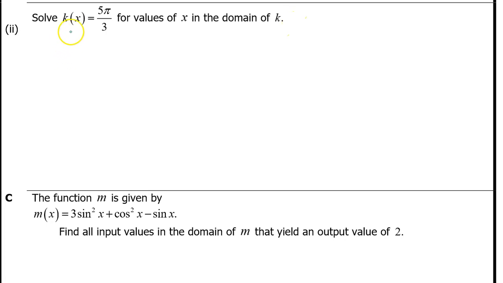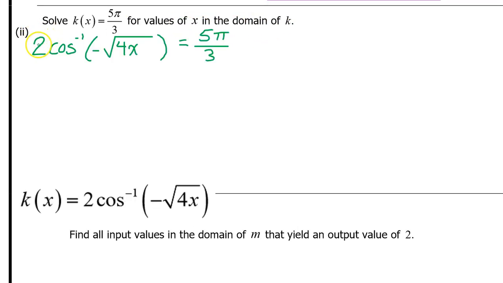B part 2. Solve k of x equals 5 pi over 3 for values of x in the domain of k. We need to set k of x equal to 5 pi over 3 and solve. Quick side lesson, a over b divided by c is equivalent to a over bc.